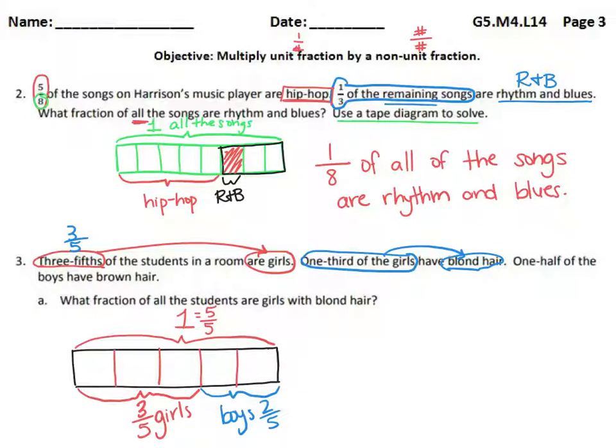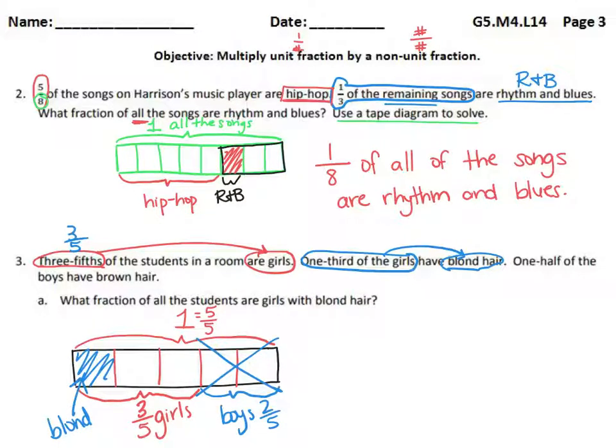So because we're just looking at girls with blonde hair, we do not need this part. We're not looking at that part. 1/3 of the girls have blonde hair. So here's 3/5. 1/3 would be one of the three. These are the blondes.